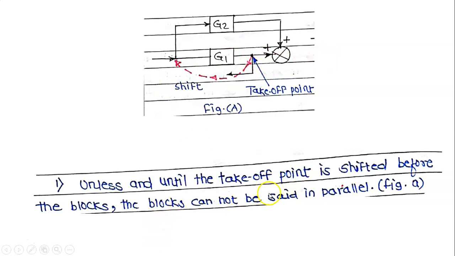Therefore, unless and until this takeoff point is shifted before the block, they cannot be said to be in parallel. Therefore, these two blocks are not in parallel because there is a takeoff point between block G1 and this summing point. The summing point is represented by a circle.